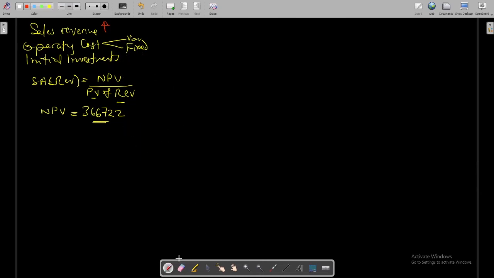Okay, so the total operating cost for year 1, year 2, year 3, year 4. So we look at the discount factor of 10%, then we look at the PVs.